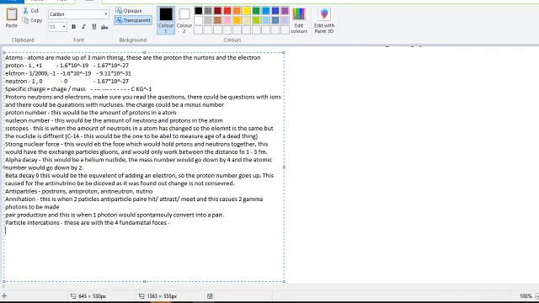The 4 fundamental forces are strong nuclear, weak nuclear, electromagnetic, and then gravity. These have the exchange particles of a gluon, the W boson, I think that's how you pronounce the word, I don't actually care. Electromagnetic has the virtual photon, and then gravity has the graviton.